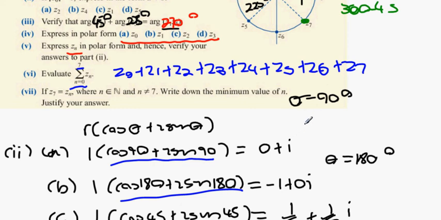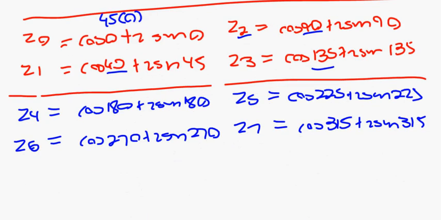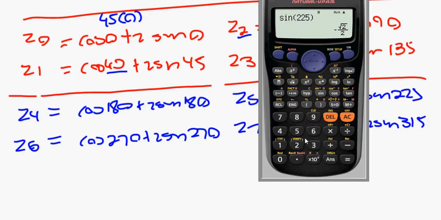Okay, now find out what they are all added together. So what I'm going to do is go to my calculator, and we're going to add all the cosines together. So we're going to get cos 0. We're just going to add all the real parts together.